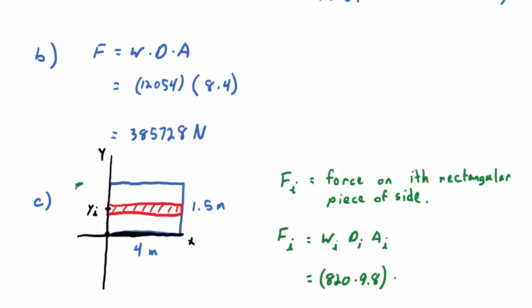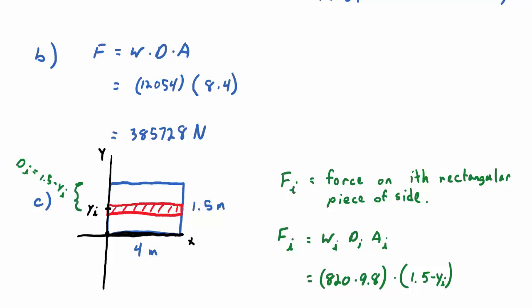From the top down to the slice, I guess. What would that be? 1.5 minus y sub i would be d sub i, wouldn't it? Okay, so 1.5 minus y sub i. Good. And then what's left?